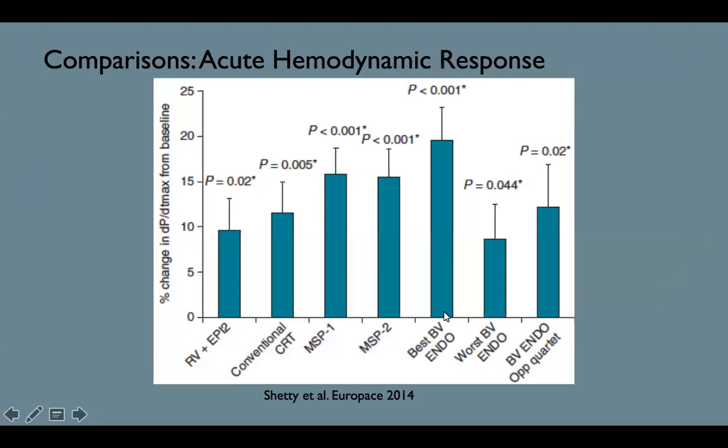The best endocardial BIV pacing seems to win out in terms of the acute hemodynamic response. Now, keep in mind, this does not necessarily predict longer-term clinical response, but it illustrates that biventricular endocardial pacing, at least in this metric, seems to perform very well and better than the standard conventional CRT, for example.